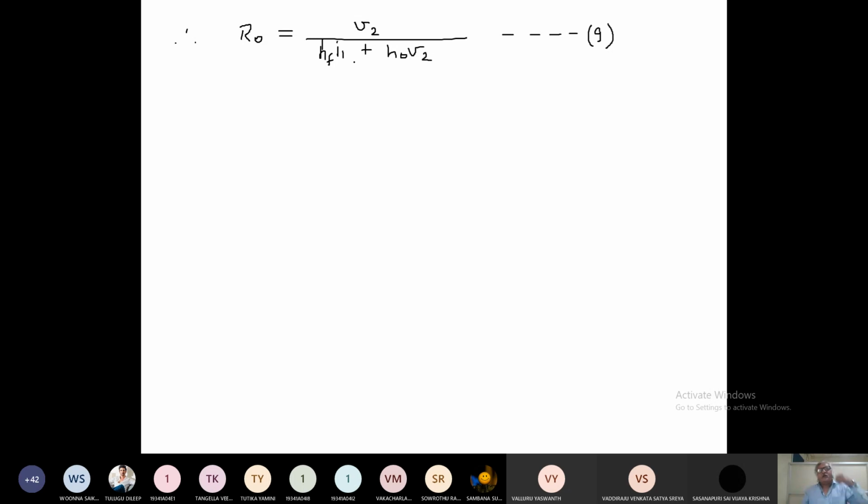So now apply Kirchhoff's voltage law in the input loop.